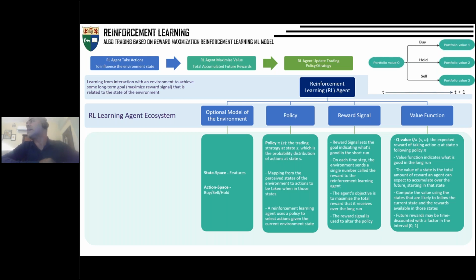This is much like how we were trained to do things in our childhood, when we were taught by our teachers or by our parents: if you do this, you would be given a stick. If you do that, you would be given a carrot, right?